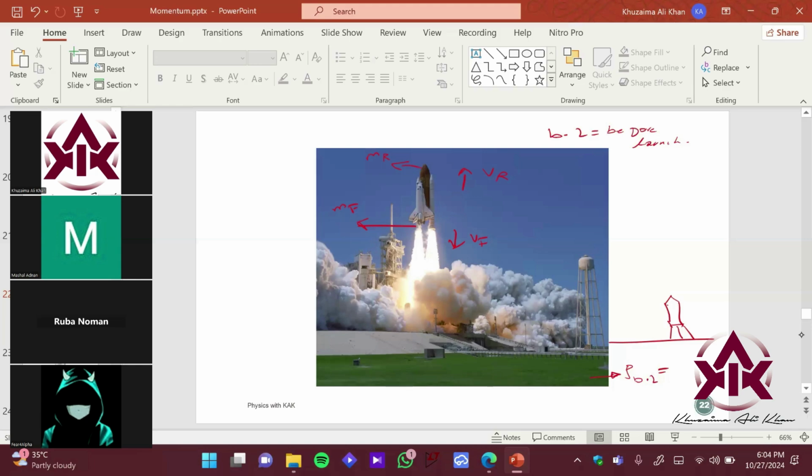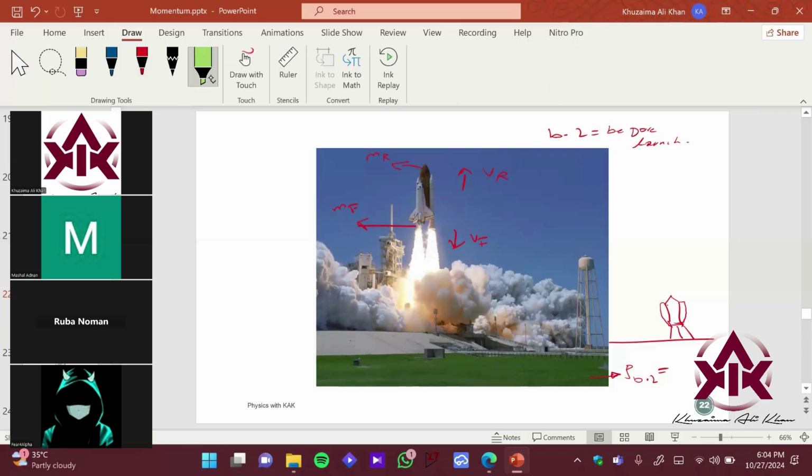It has some fuel also. These are fuel tanks, which are going to be releasing fuel. So it has some mass of fuel, and a mass of rocket over here, and initial speed of fuel and initial speed of rocket.